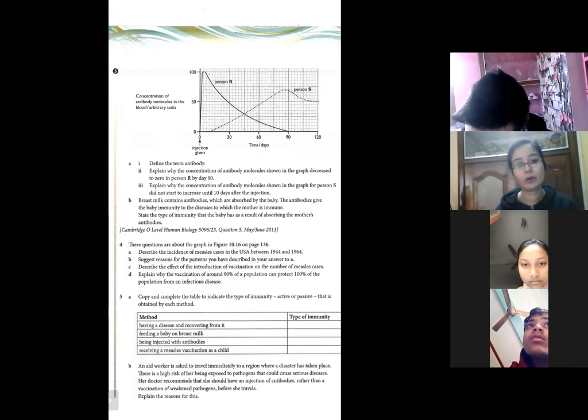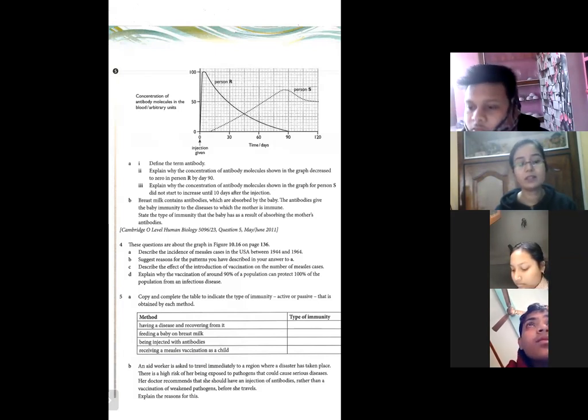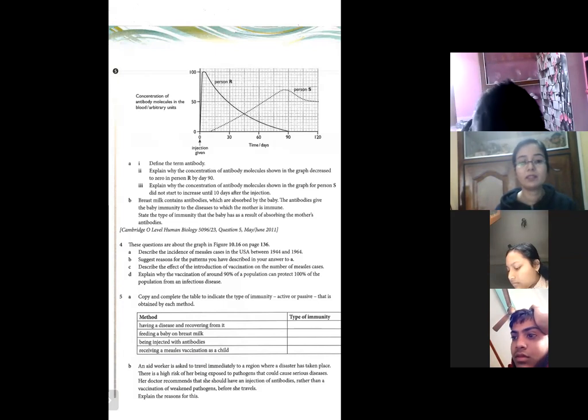As a result of absorbing the mother's antibodies, the baby gets passive immunity.